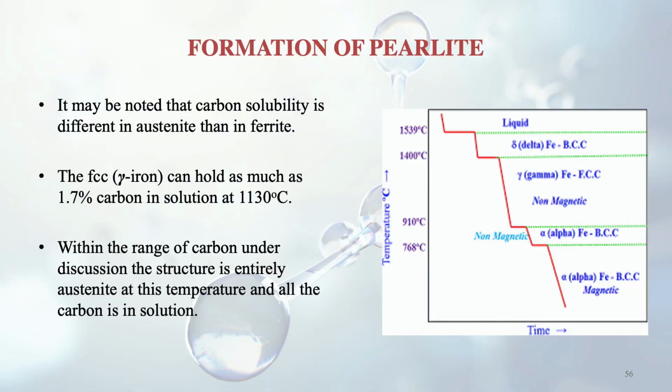Within the range of carbon under discussion, the structure is entirely austenite at this temperature, and all the carbon is in solution. So in this range, from 900 to 1400 degrees, it is only austenite, up to a carbon percentage of about 0.8%, not beyond that.